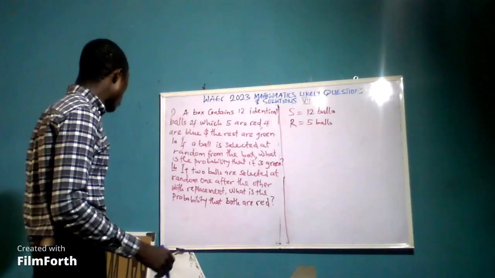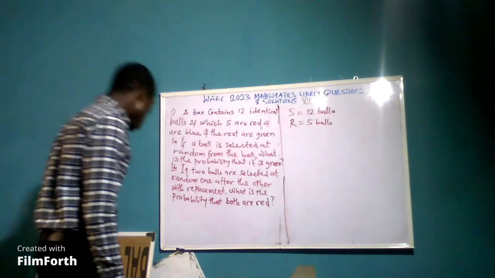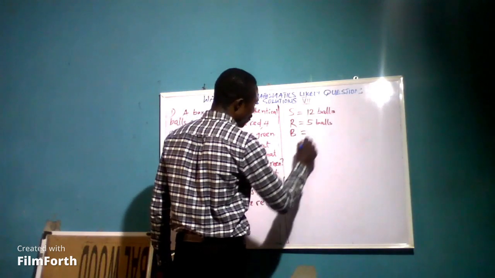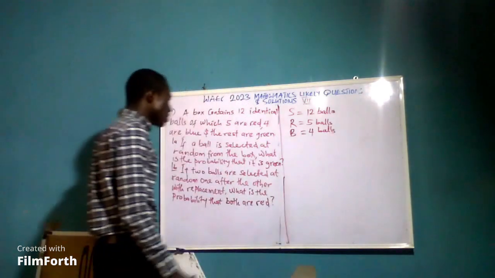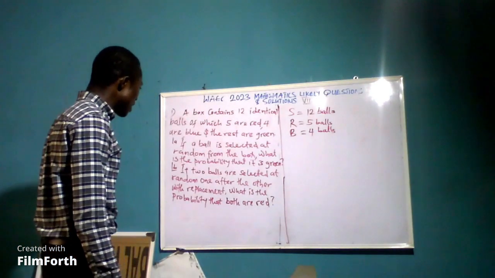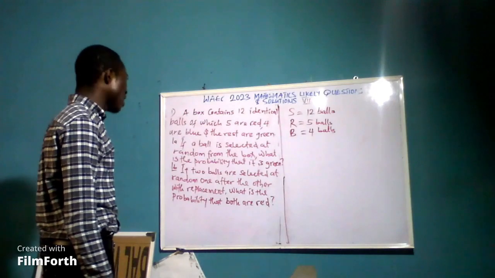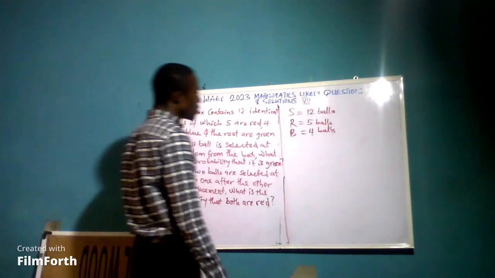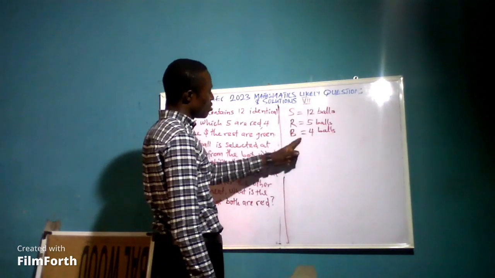Then we have 4 balls that are blue. So let B represent blue. So we have B equal to 4 balls. Then it is stated in the question that the rest of the balls are green. To get the rest, the number of balls left over after determining the number of red balls and the number of blue balls.